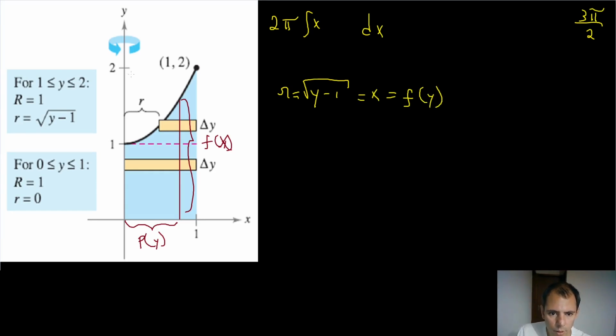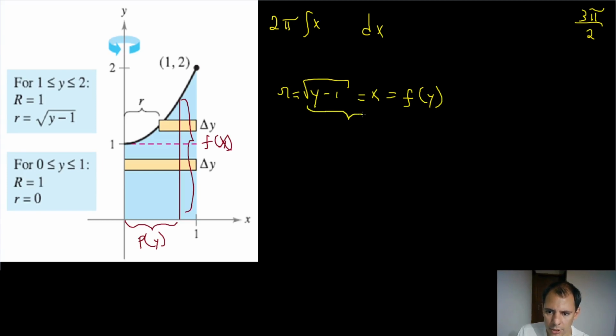But here's the thing. If I'm going to integrate with respect to x, then I have to use y as a function of x, not x as a function of y. So you have this r is just this distance. This is going to be x, okay?